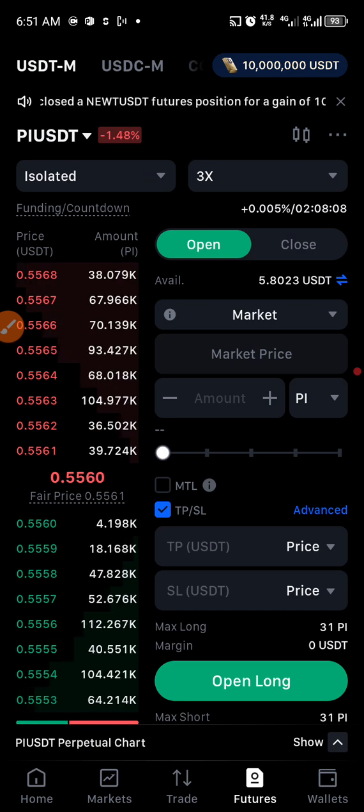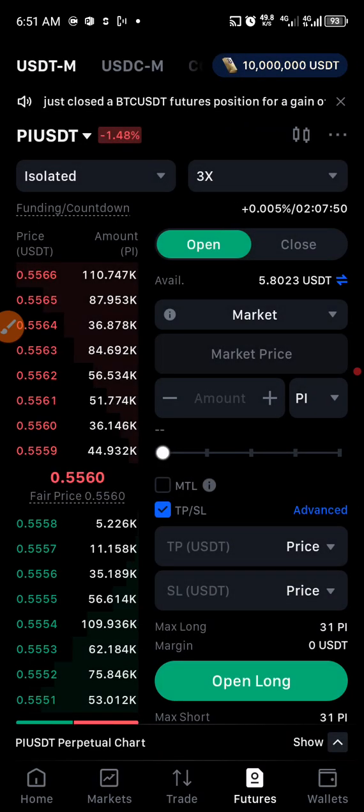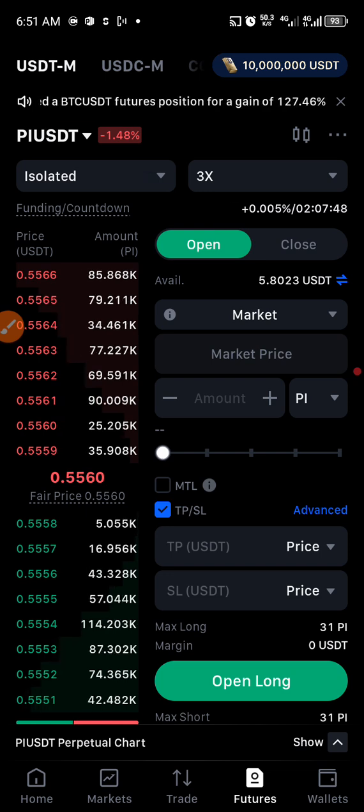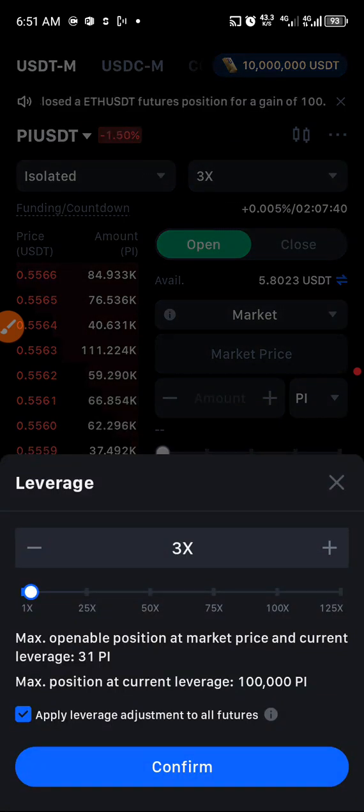So this leverage means if you use 1x, that will be times 1. If you are using 2x, when your trade is working, it will be showing times 2 instead of that same amount. Let me put it into reality. For instance, if you are trading with 10 USDT and you use 2x, what the system will show is that you are trading with 20 USDT.